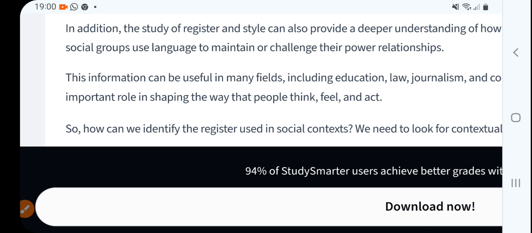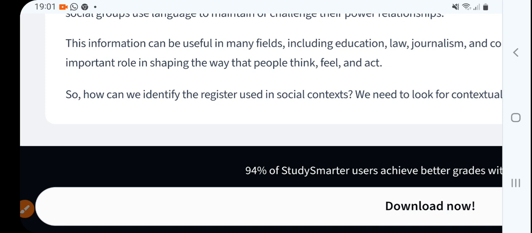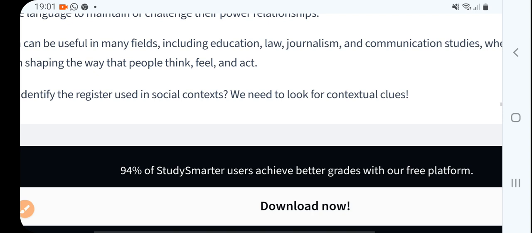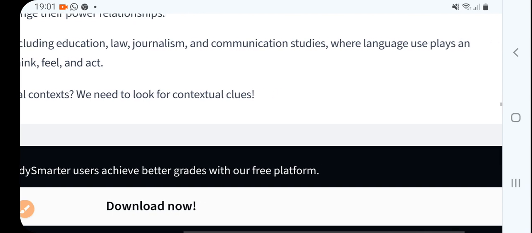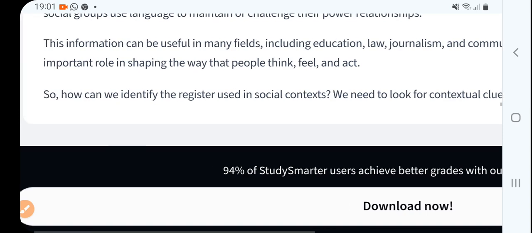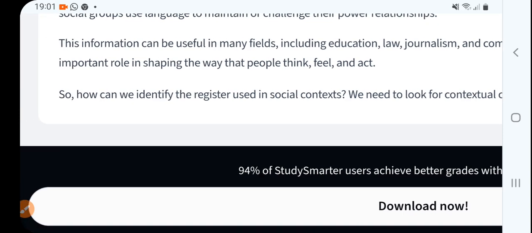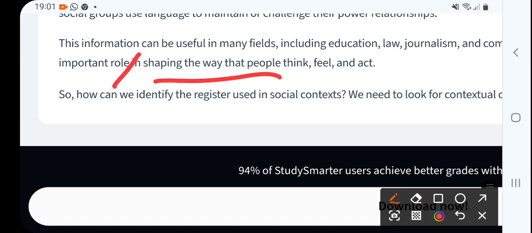Elite society, for instance, uses very formal language. Again, in different situations, different language is used, and that is called register. This information can be used in many fields, including education, law, journalism, and communication studies, where language use plays an important role in shaping the way that people think, feel, and act.